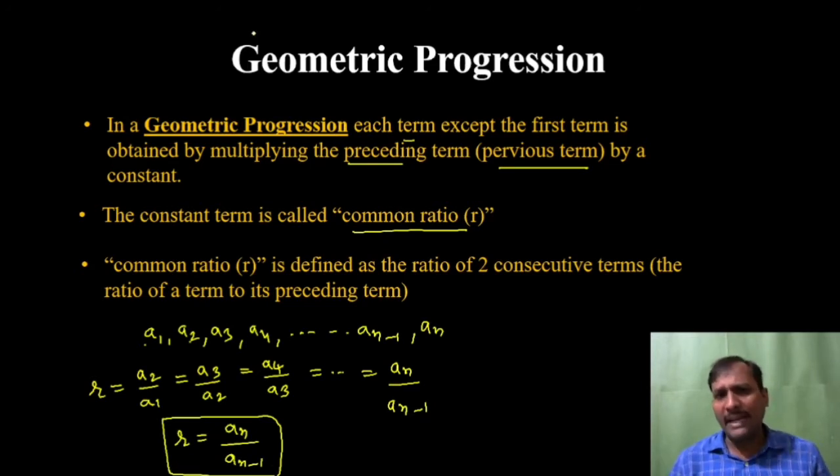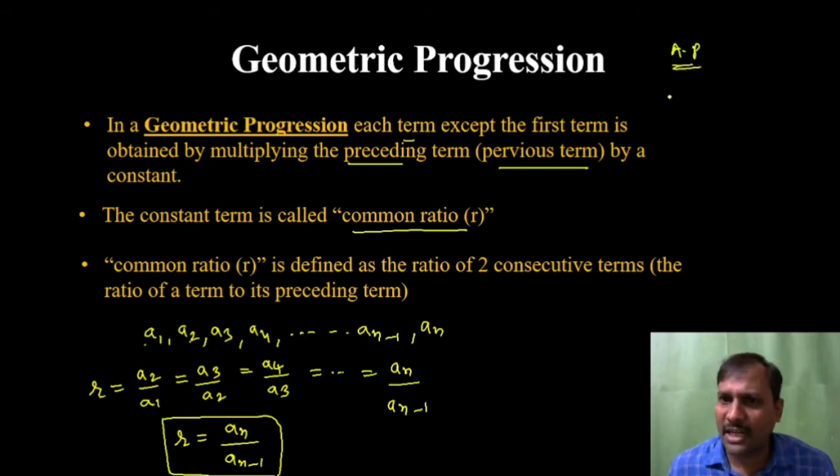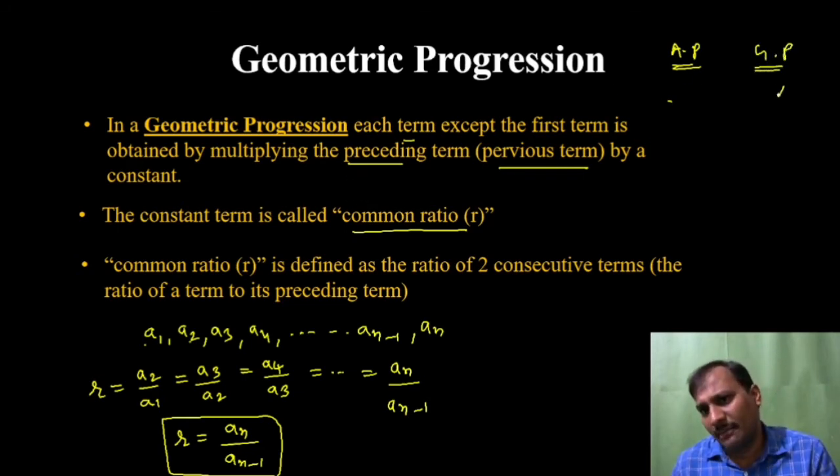If you compare this geometric progression with arithmetic progression, there each term is obtained by adding a fixed number. Here, in GP, we are multiplying; in AP, we are adding. There the difference of two terms is common; here the ratio is common.